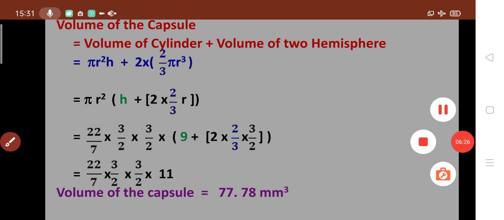So 9 plus 2, 11. Next step, 22 by 7 into 3 by 2 into 3 by 2 into 11. Multiply all the numerators, multiply all the denominators, then divide, and you will get 77.78 millimeter cube. This is the volume of the capsule. I hope you understand the sum, children. Very important question.